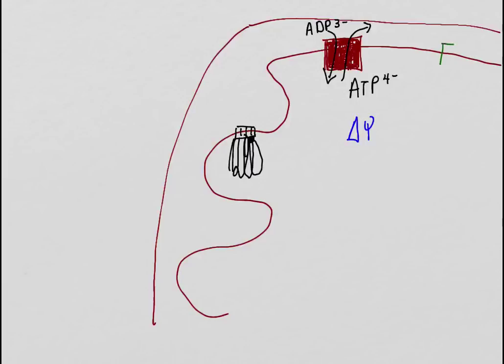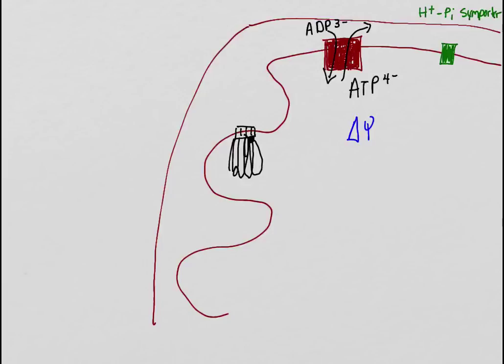Now, likewise, let's take a look at the transporter that gets inorganic phosphate in, and it does so by taking a toll on the proton motive force. It's a symporter, the H+ phosphate symporter.